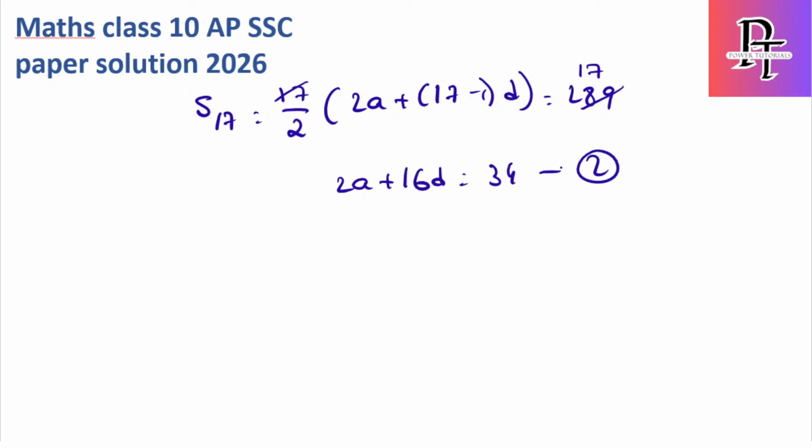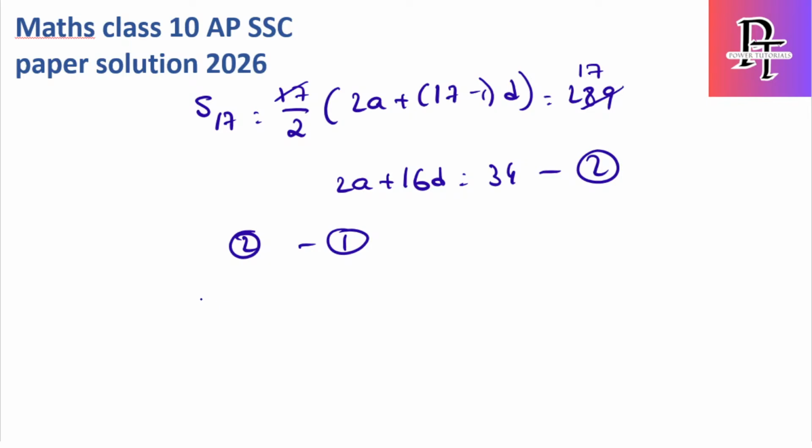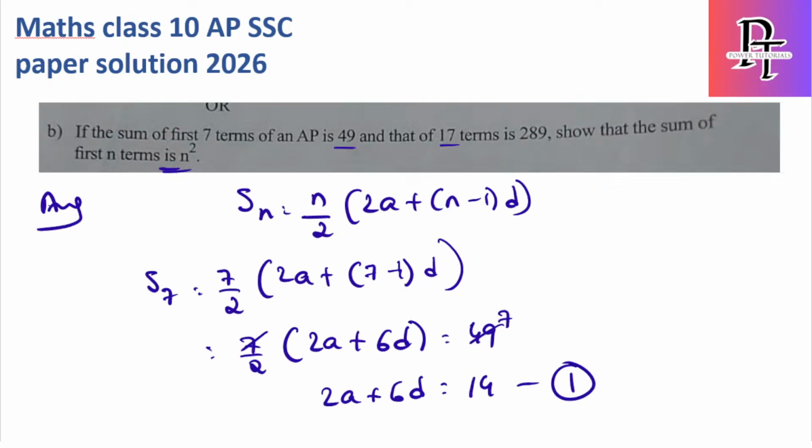This is equation 2. Now we do equation 2 minus equation 1. 2a plus 16d minus 2a minus 6d is equal to 34 minus 14.